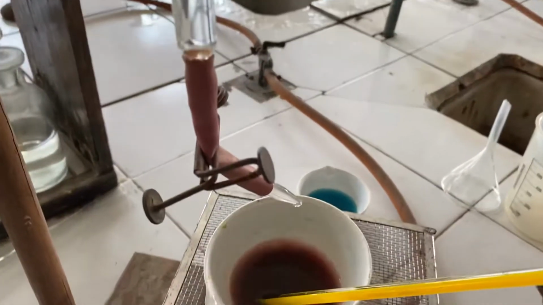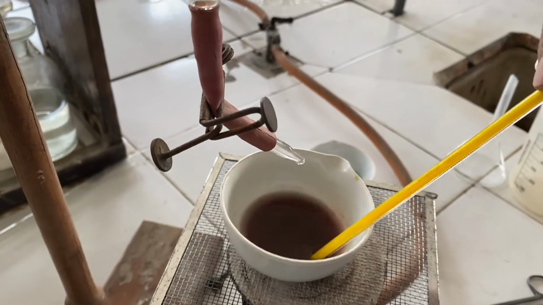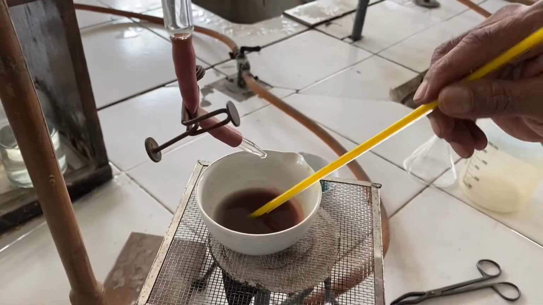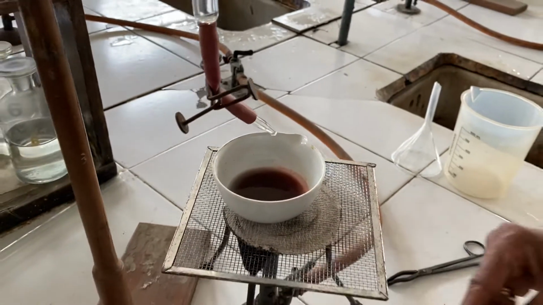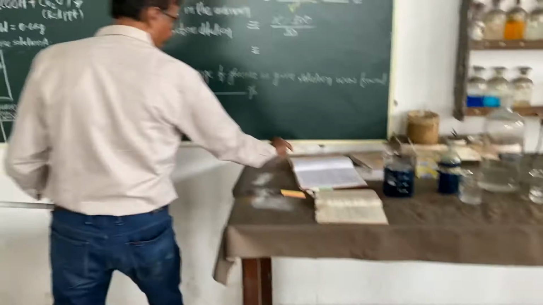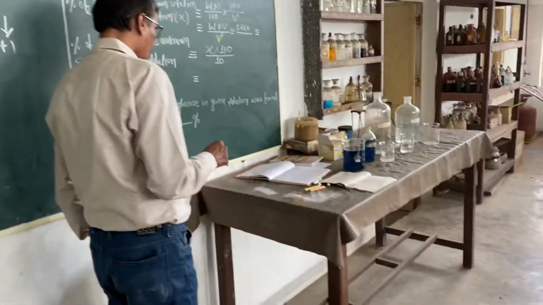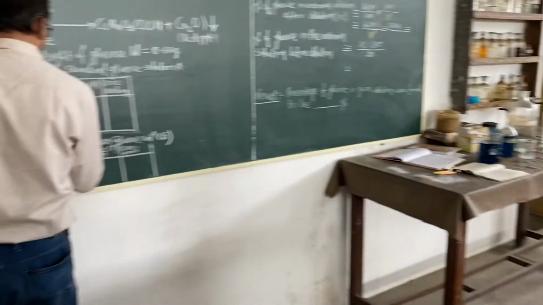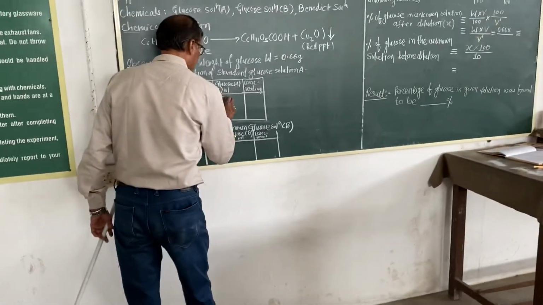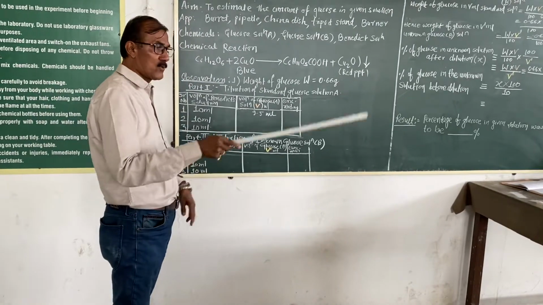Okay, so this is the red PPT that occurs, which settles down, and this is the end point. So this is 10 ml Benedict solution and now we observe about 9.5 ml. This is the first reading. Okay, repeat the same procedure.